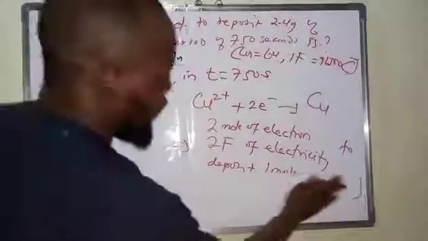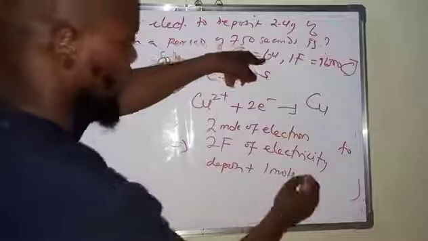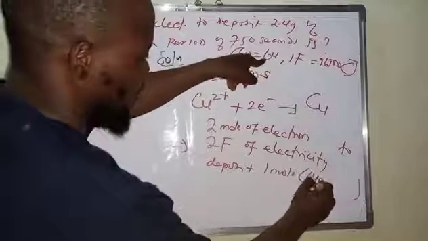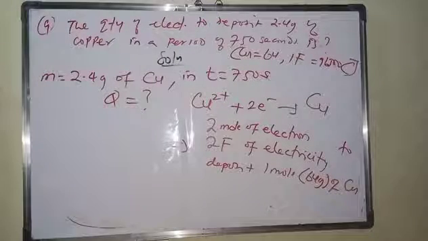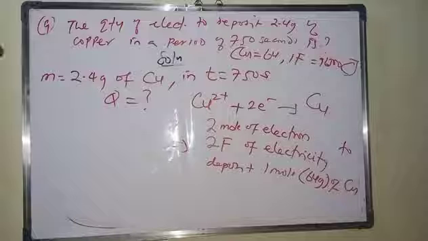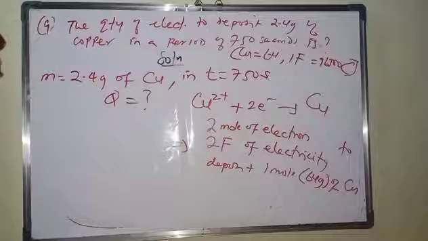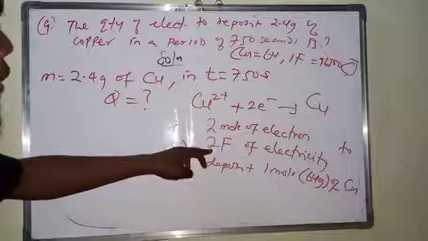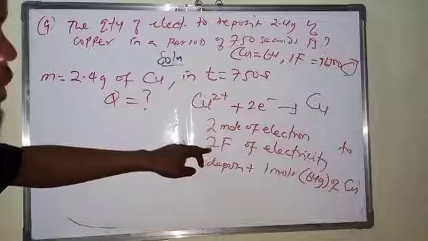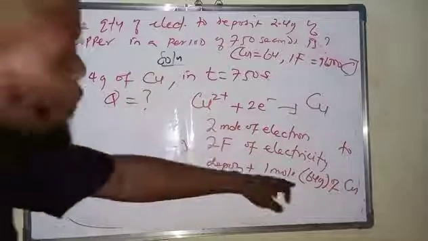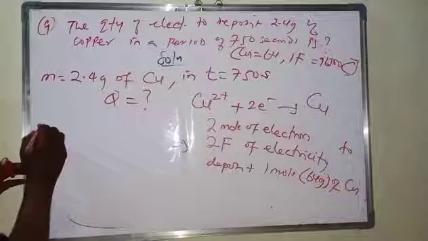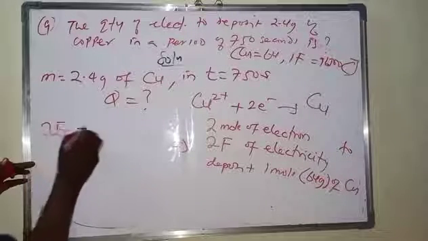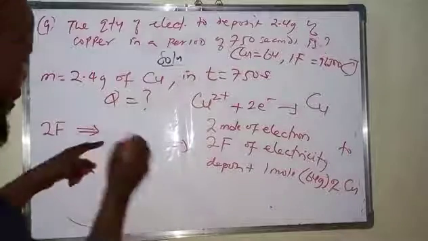And 1 mole of copper has a mass equal to 64 grams. So this is the quantity of electricity we need: 2 Faraday to deposit 64 gram.